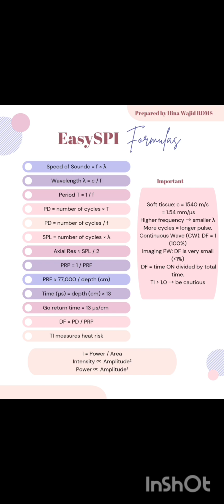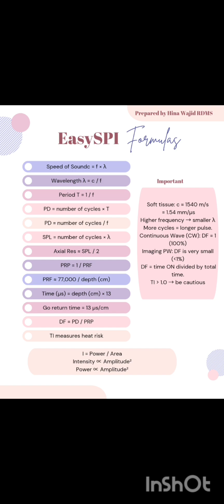If amplitude increases 5 times, intensity increases 25 times. And if amplitude increase 2 times, power increase 4 times. Very important. Intensity directly proportional to amplitude square. Power directly proportional to amplitude square. And intensity and power, they are directly related to each other.